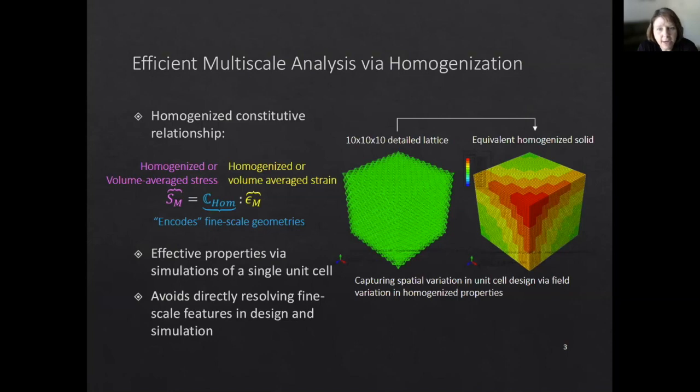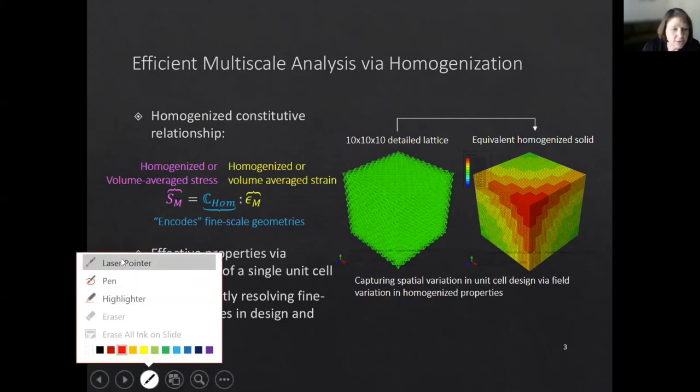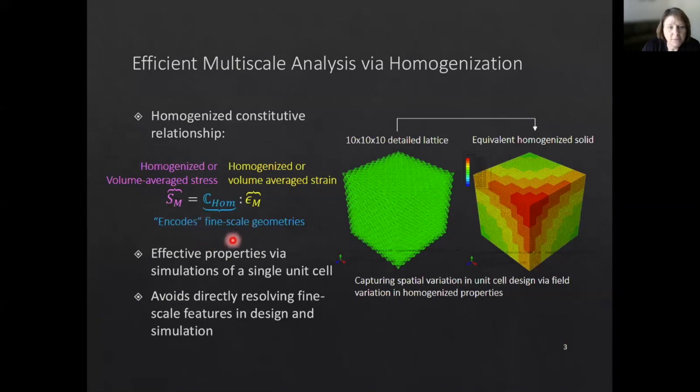So often the way we handle this is to homogenize the behavior of these unit cells that we use in these lattice structures. Typically we create a homogenized stiffness tensor, which you can see in blue here, and we use that to predict properties and analyze, for example, the overall compliance of a lattice structure.